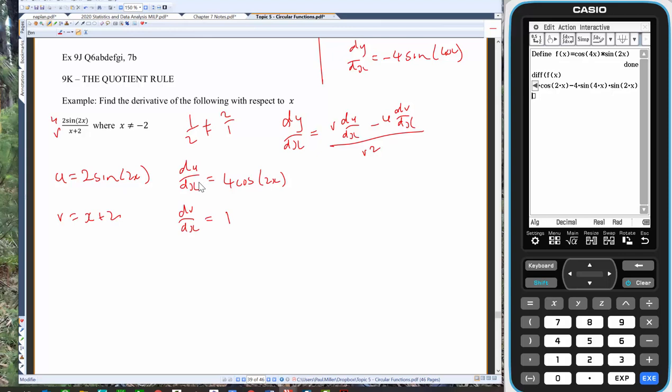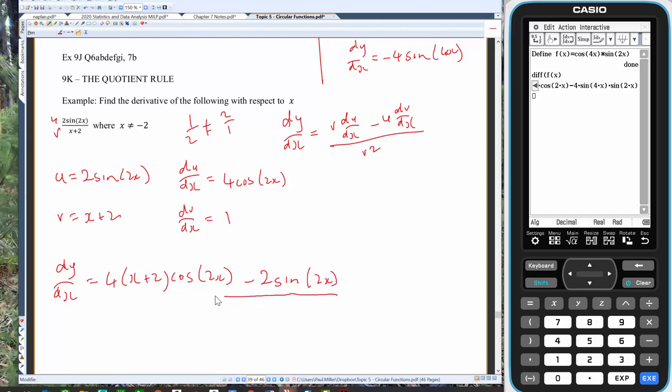Now we multiply: dy dx equals v du dx, so I'm going to write this as x plus 2 times 4 cosine 2x, take u dv dx, 2 sine 2x.